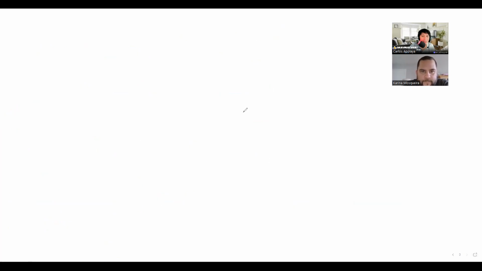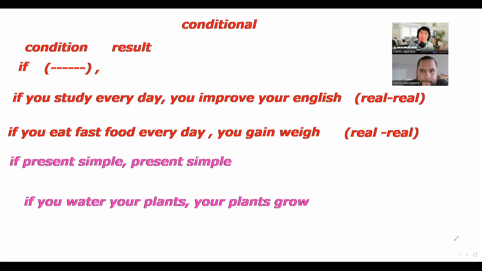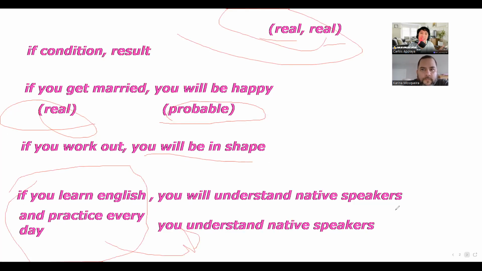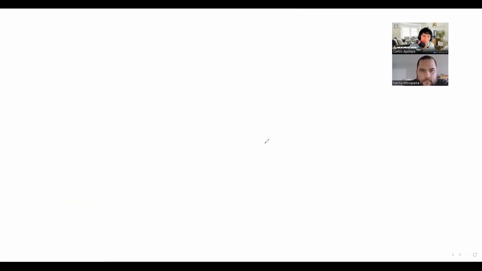And now I explain, this is what we call zero and first conditional. But you don't care what kind of conditional they are, because you need to learn how to use it. Now, focus on this part. This is going to be a little bit different. Now, look at the situation. This is what I call fact. Look at this.